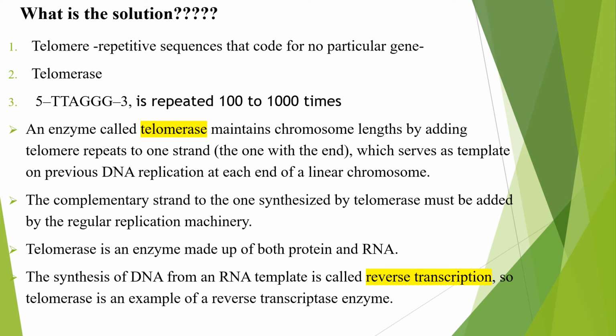So synthesis of DNA from RNA. Transcription is synthesis of RNA from DNA, but here we are synthesizing DNA from RNA, and that's why it is called reverse transcription. So telomerase is an example of reverse transcription, and as it is utilizing RNA, it is also called RNA dependent DNA polymerase. Utilizing RNA, that's why RNA dependent, but synthesizing DNA, that's why DNA polymerase.